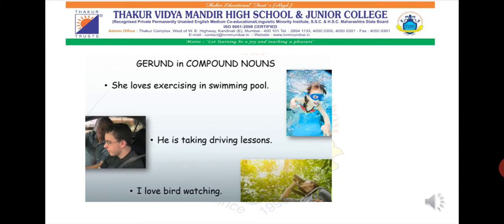A compound noun is a noun that is made up of two or more words. Most compound nouns in English are formed by nouns modified by other nouns or adjectives. For example, the words tooth and paste are each nouns in their own right, but if we join them together, then we have a new word, that is toothpaste.